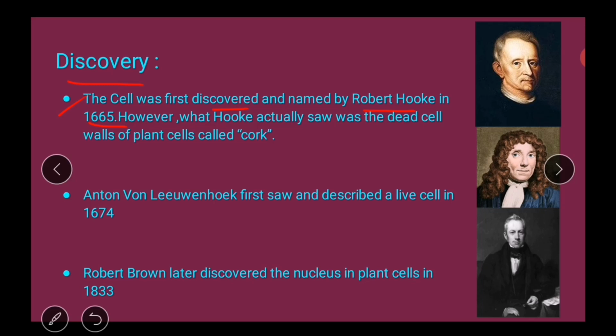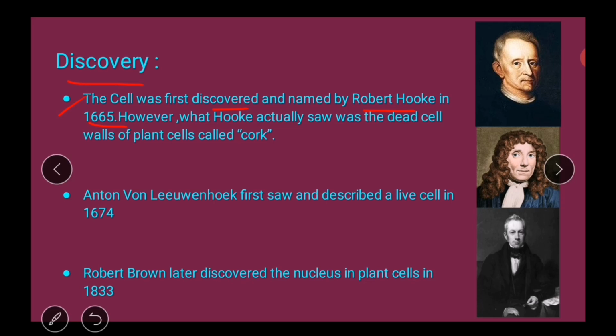Imagine being the first human being to see something which no human being has ever seen. So he is Robert Hooke, who first discovered the cell in 1665. Obviously, he used his microscope when he looked at the cells.